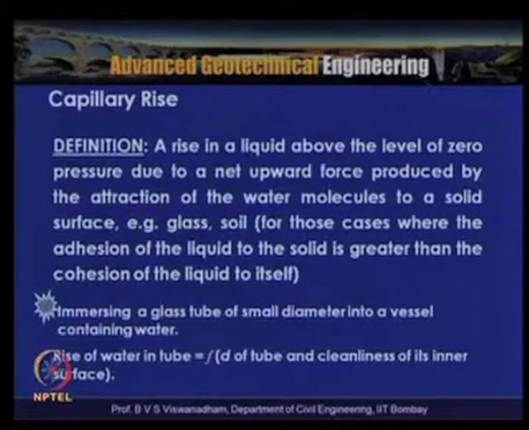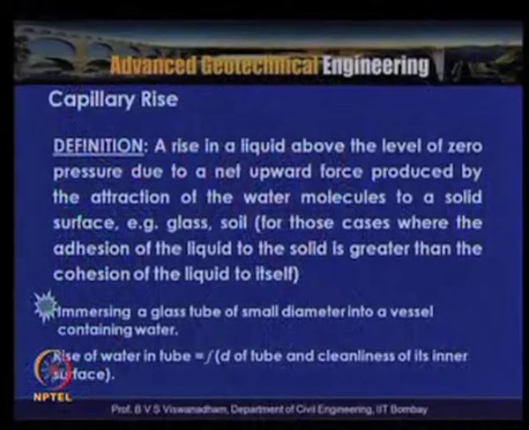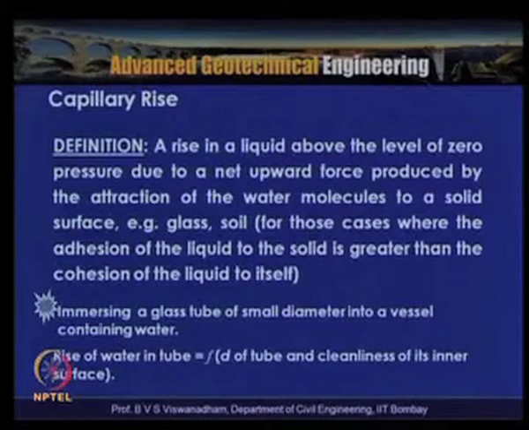So, capillary rise is defined as a rise in the liquid above the level of zero pressure due to a net upward force produced by the attraction of water molecules to a solid surface. Say, for example, glass, if you visualize all the interconnected tubes as glass tubes, or soil, for those cases where the adhesion of the liquid to the soil is greater than the cohesion of the liquid to itself.